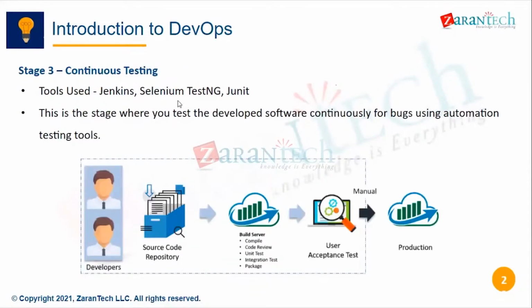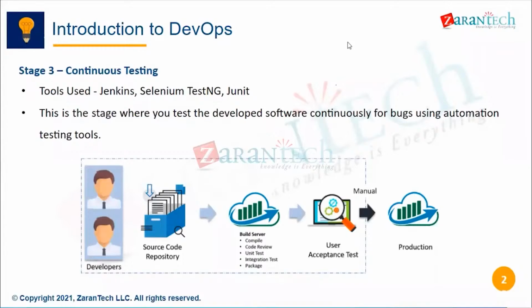Continuous testing, we have Jenkins along with Selenium. So what happens here? When code is developed, it's integrated with continuous integration, Jenkins. And the same code needs to be tested continuously. So Selenium does it for you.